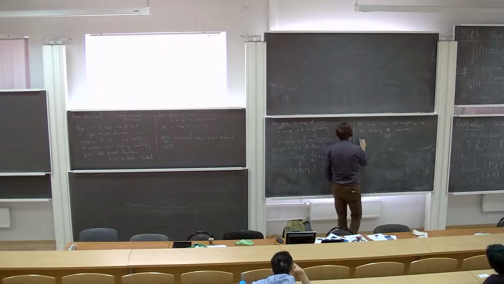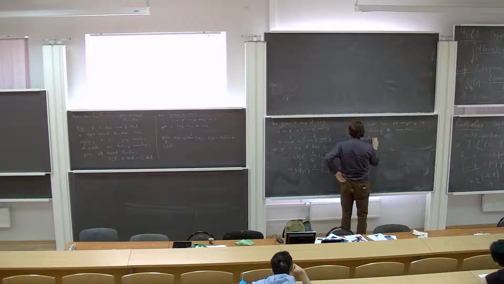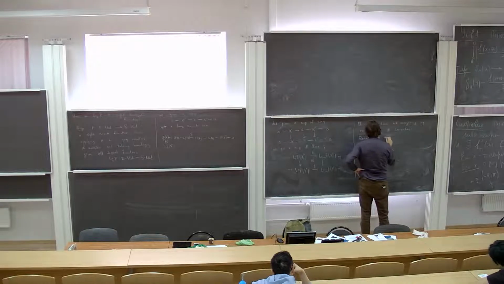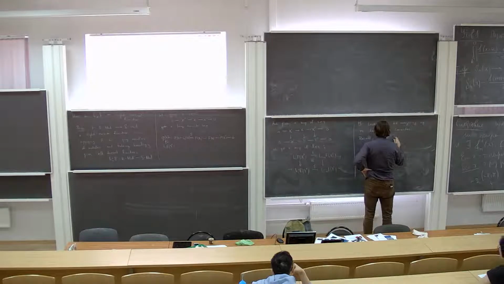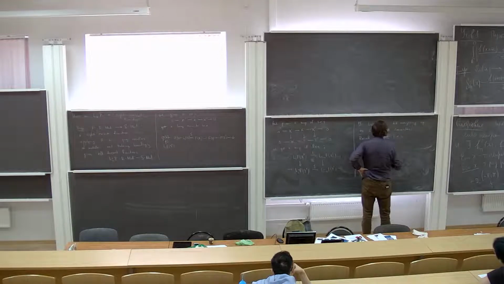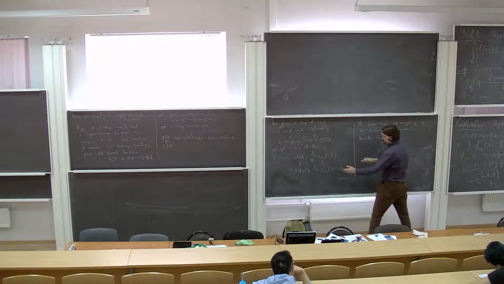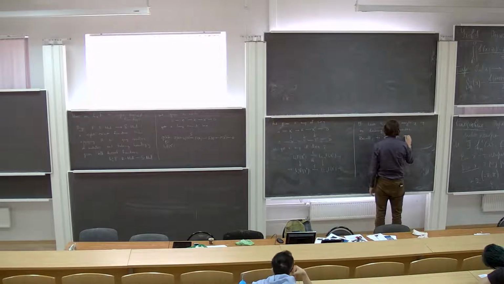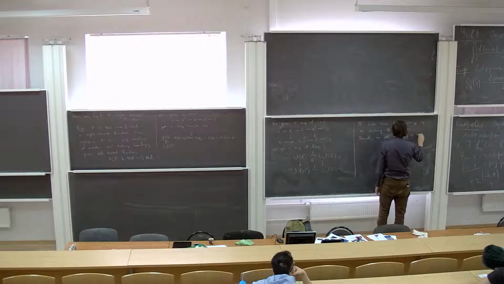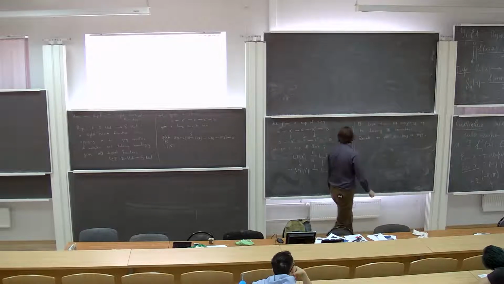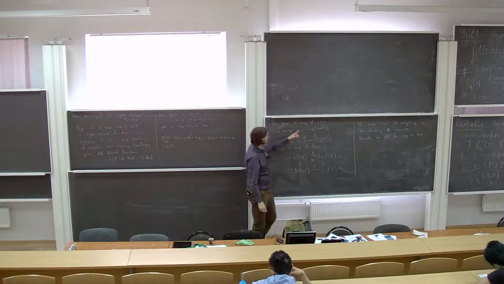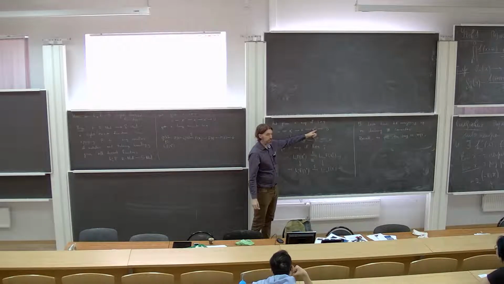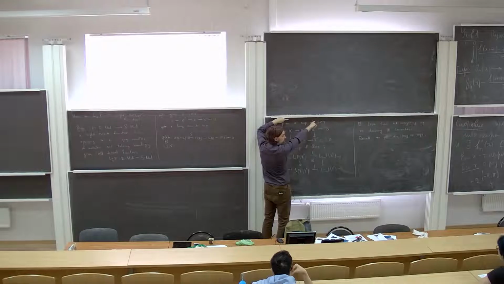So recall, to get the two long exact sequences, we choose projective resolutions of x prime and x double prime, and then we glue them together to get a resolution of x that fits into a short exact sequence of complexes.